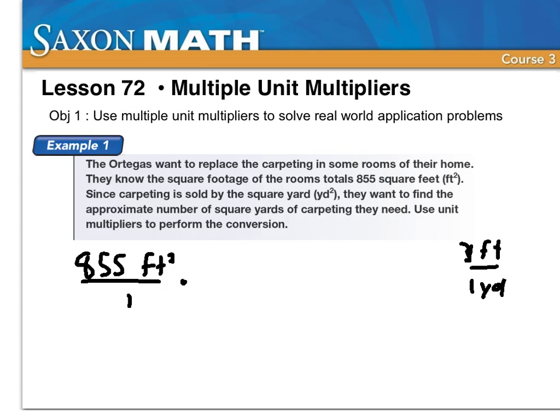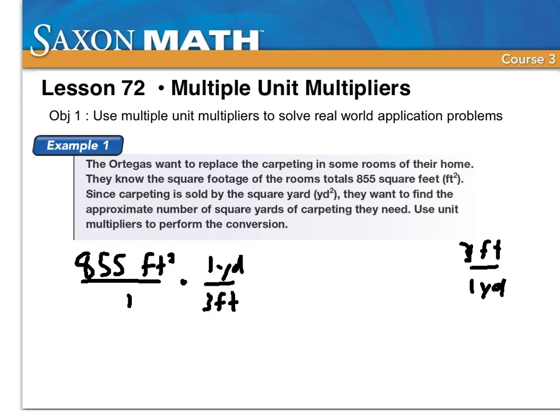The thing is, I have to make sure that my feet go on the bottom of my multiplier since the feet are on top here. So I'm going to multiply this by 1 yard over 3 feet. Now, the problem is I'm not done here, because this is feet squared, and this is only feet.